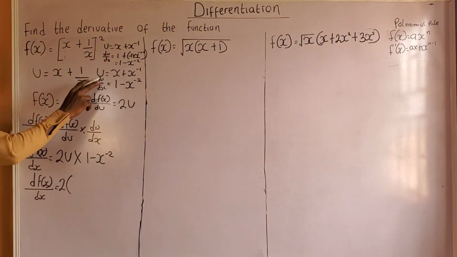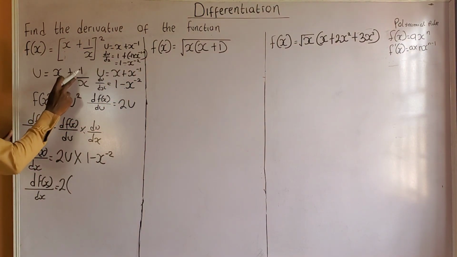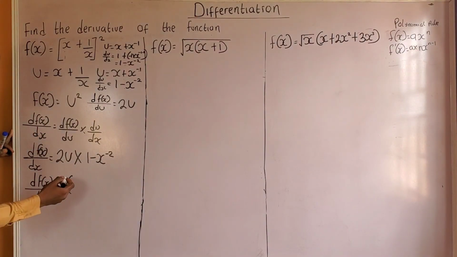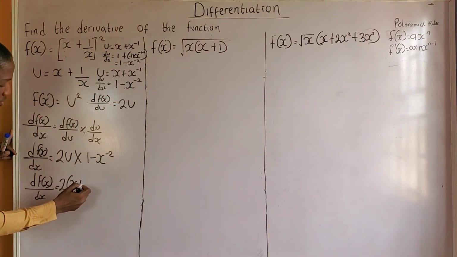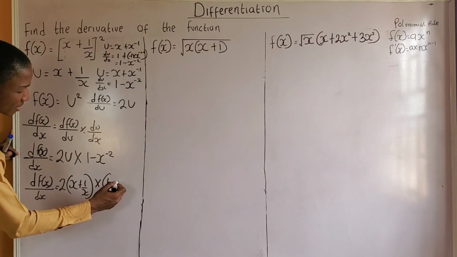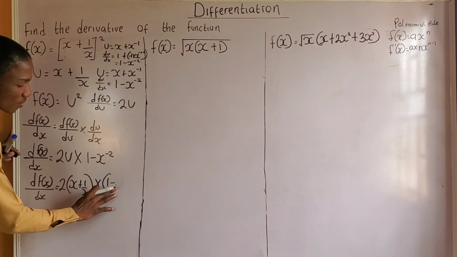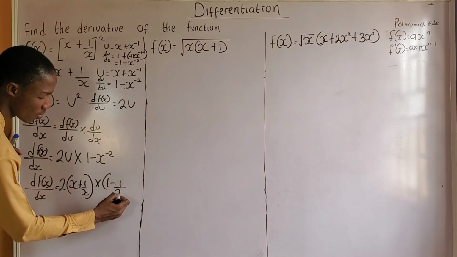Don't forget that u is x plus x raised to the power of -1, or x plus 1 over x. You can use any one that you like. I'm going to use x plus 1 all over x, then this multiplied by 1 minus x raised to the power of -2, which can be written as 1 over x squared.